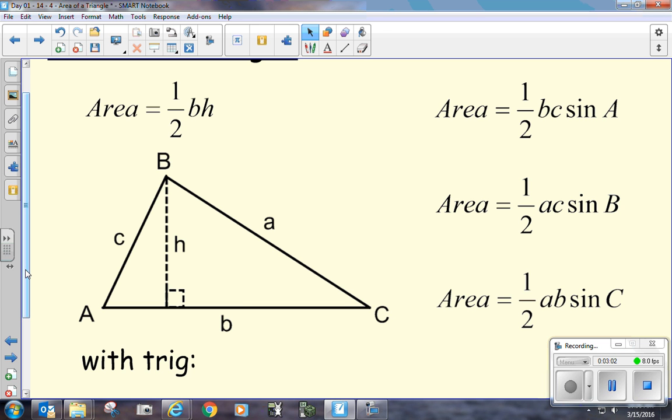As you look at those 3 formulas, what do you notice that's different between them? Yeah, the angle is different, but the sides are also different. But what's one thing that's similar between them?